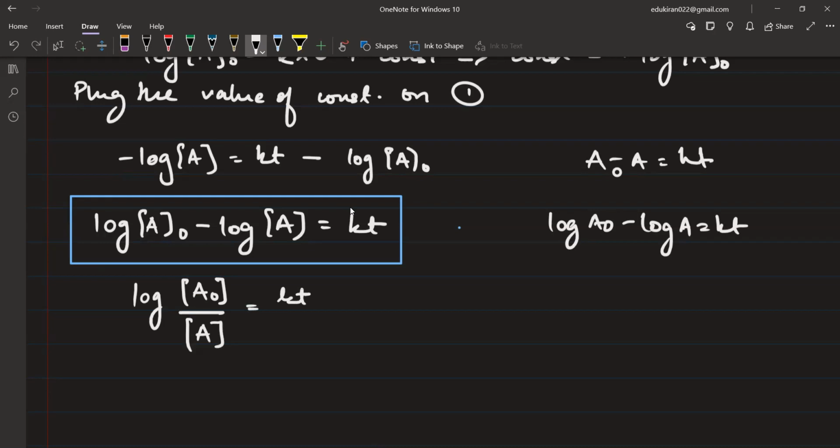Now this log is log of base e. In order to remove this base e, you will write 2.303. Now this will be log of base 10, with A naught as it is and A as it is, equal to kt.